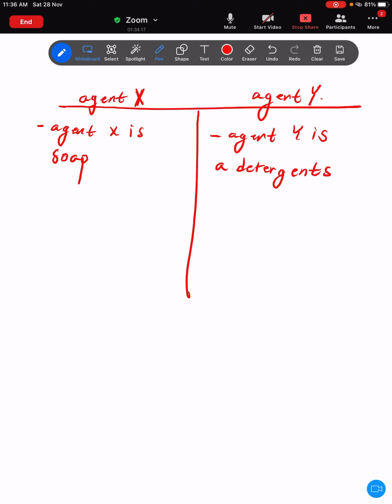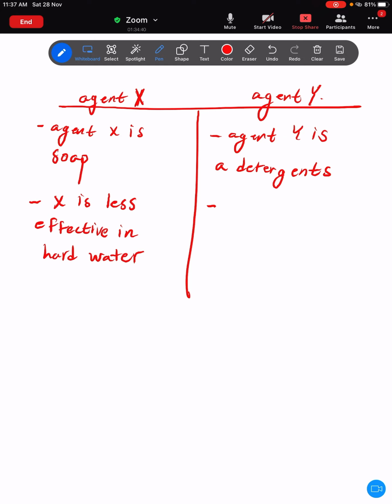Okay. Then what else can we say? X is less effective in hard water.